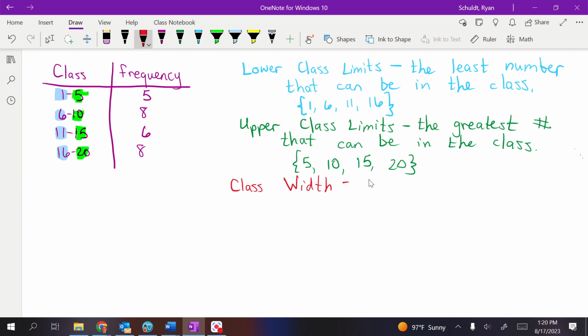This is the distance between the upper, or you could say the lower, they're the same concept, limits.